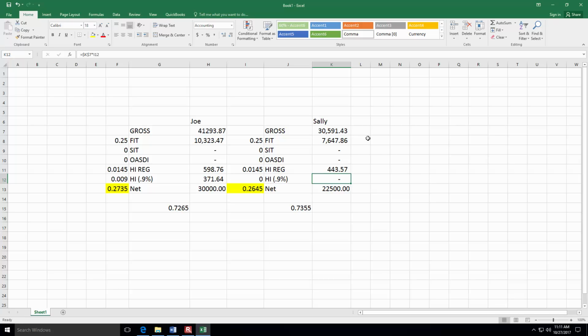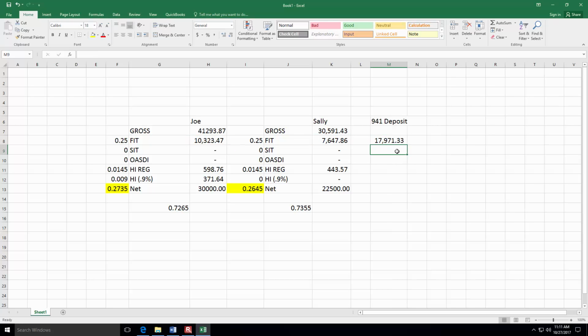So next thing is we want to figure out our 941 deposit. So I think we can take the total FIT for both of them. And we can take the HI. Oh, this is tricky, isn't it? How am I going to write this? Help me write the HI.